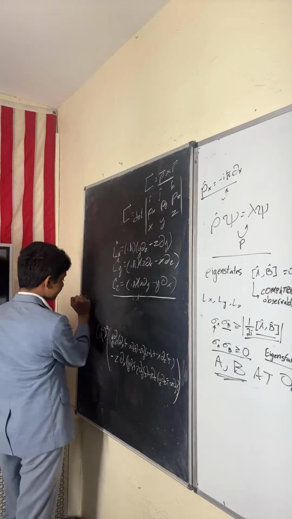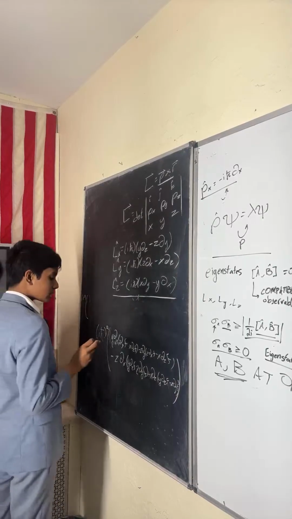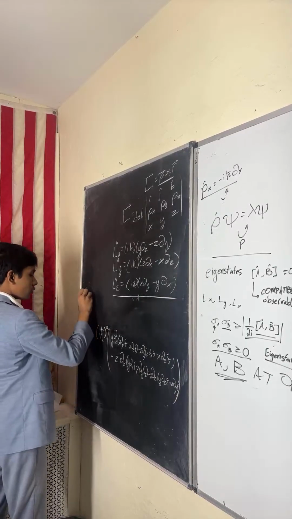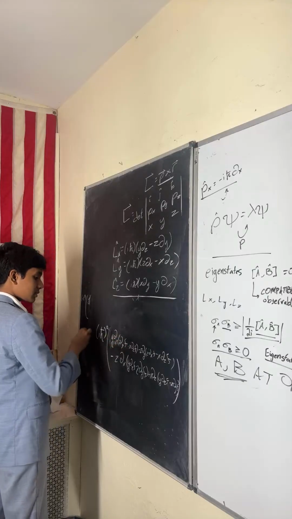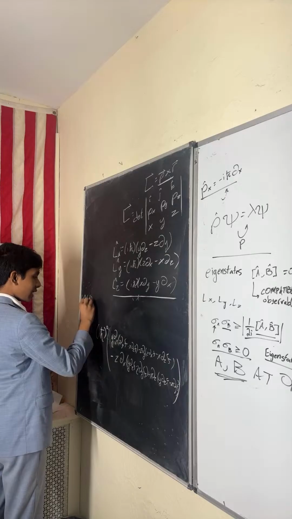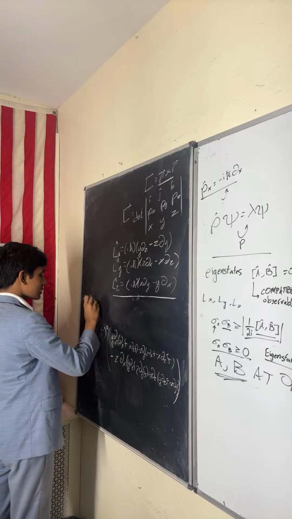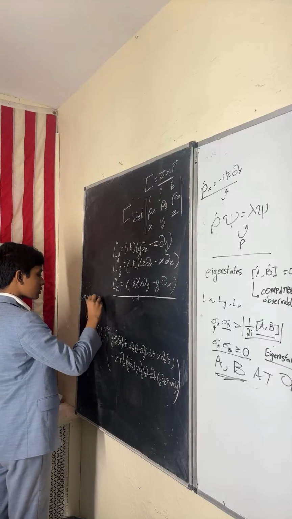We get y partial z, so partial z of whatever's inside this is going to be partial x f plus z partial x partial z f.